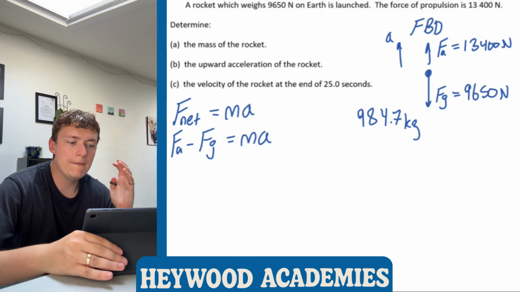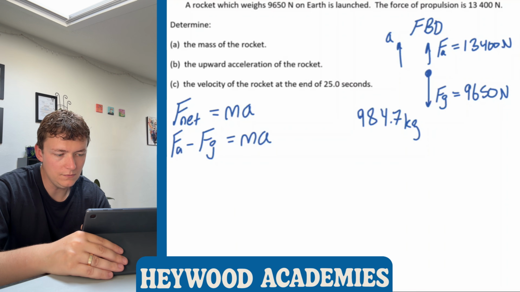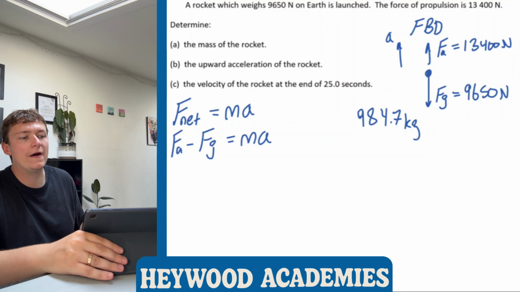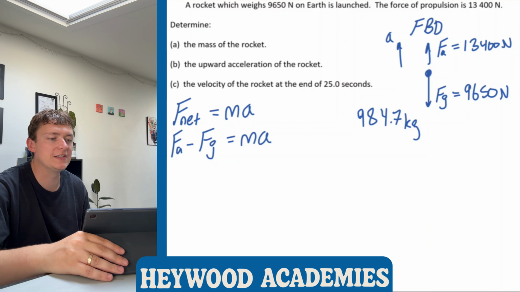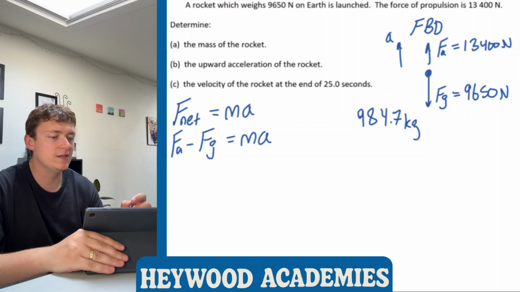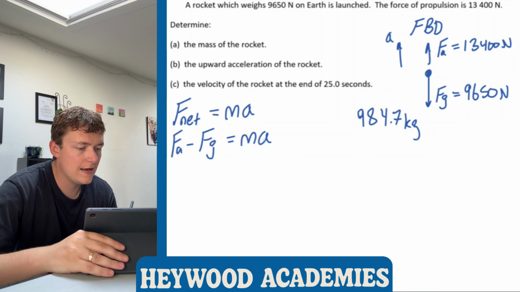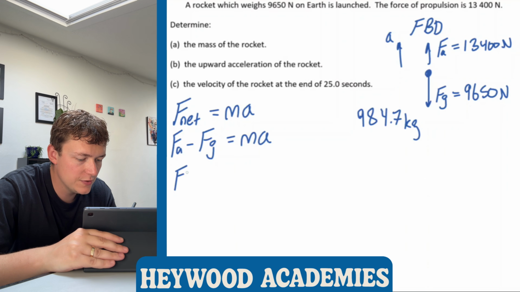We had to solve that mass from the first part so that we can plug it in here. If they didn't ask us to do part A first, we still would have needed to solve for the mass before we could have done this. So they made this a little bit easier for us by breaking this up into separate parts. Now, we want to find the acceleration from this equation, so we just have to divide by the mass.